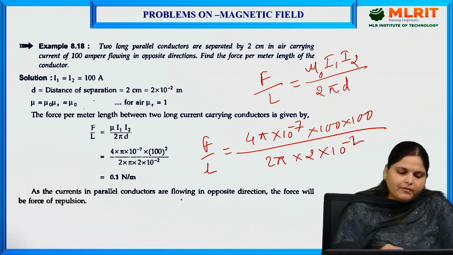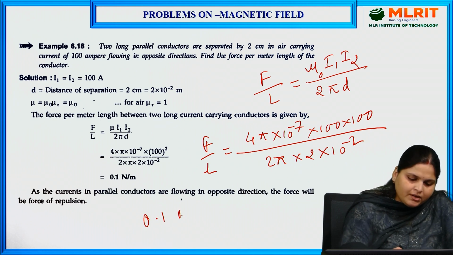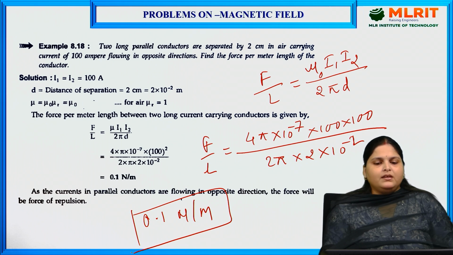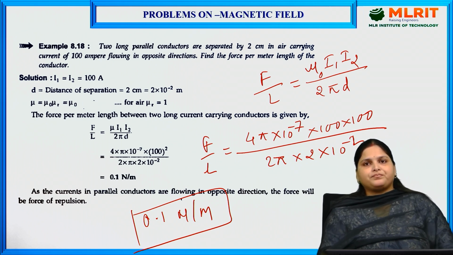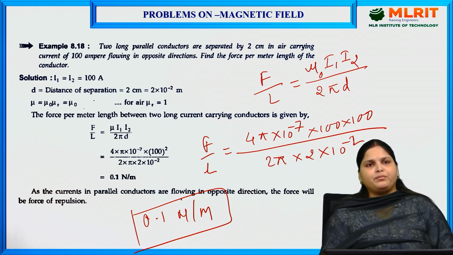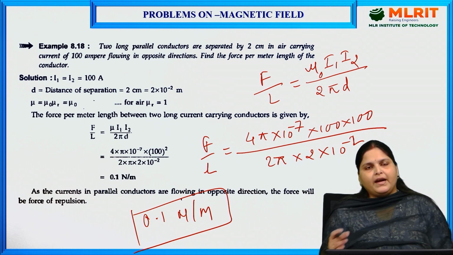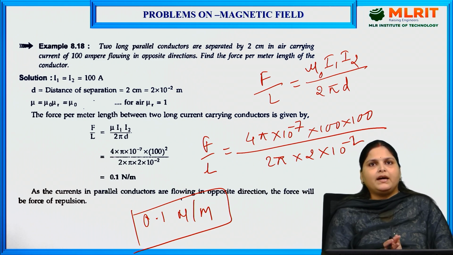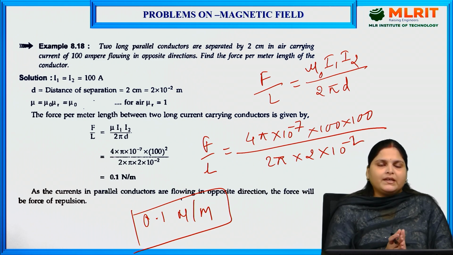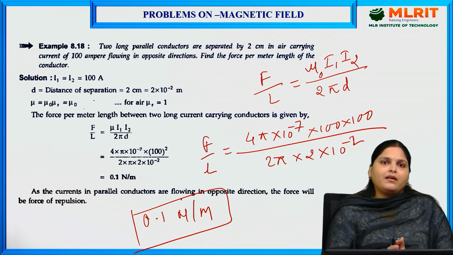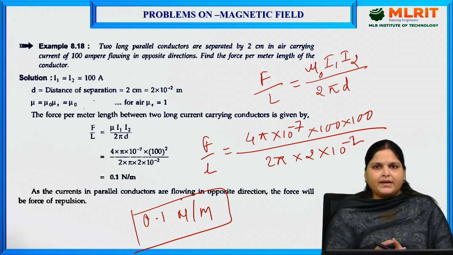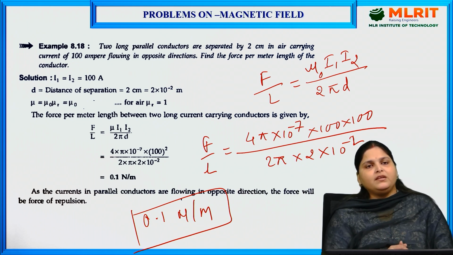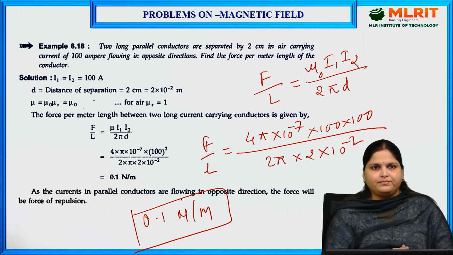When we solve it, we get the answer as 0.1 Newton per meter, which means force per unit length is 0.1 Newton per meter. We can also conclude that as the current in the parallel conductors is flowing in opposite directions, the force will be a force of repulsion, right?